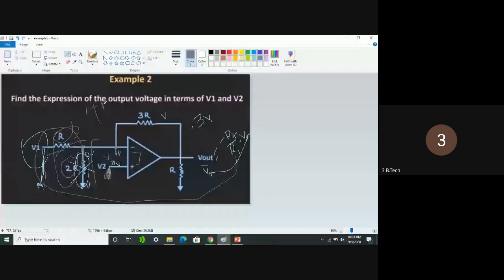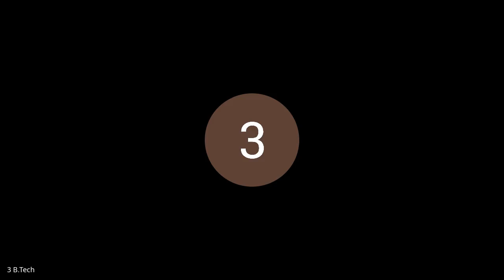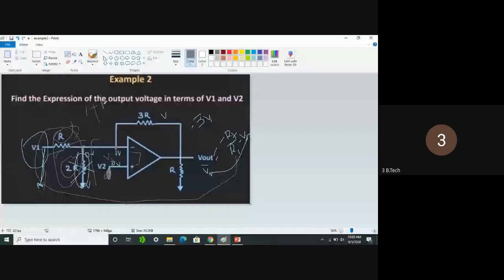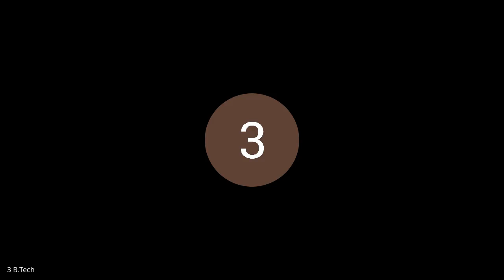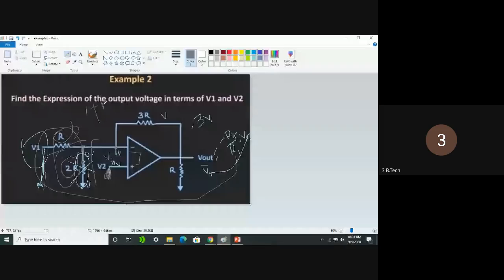If any transistor is present, that circuit becomes an active circuit because a transistor is an active component, not a passive component like RLC components. All RLC components are called passive components, and amplifiers and transistors are called active components. So in the next session we can see how active filters can be constructed.